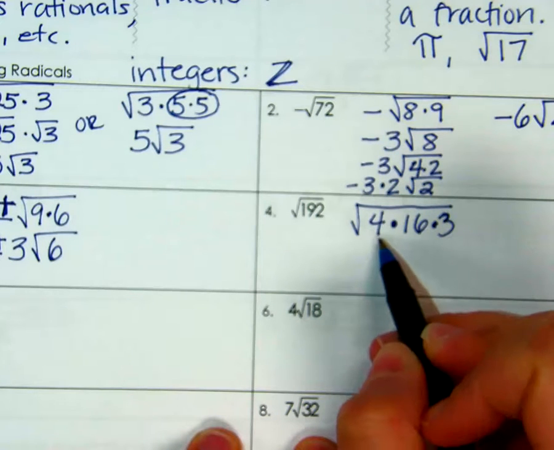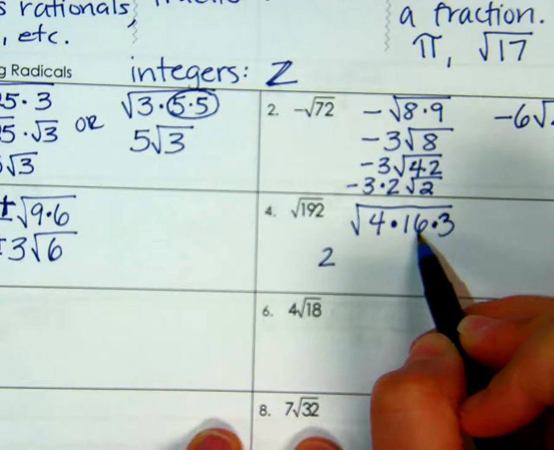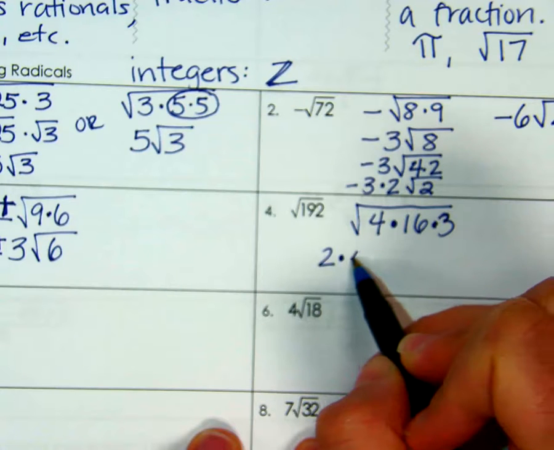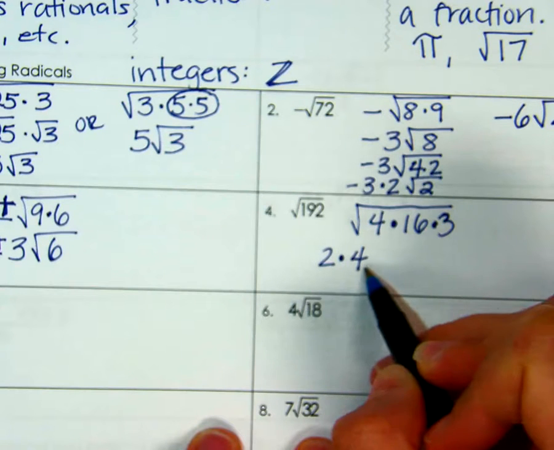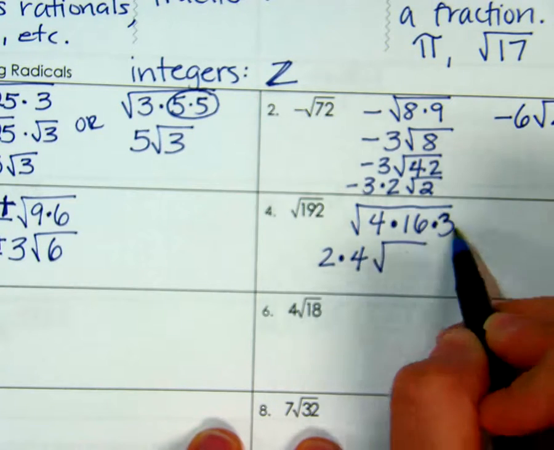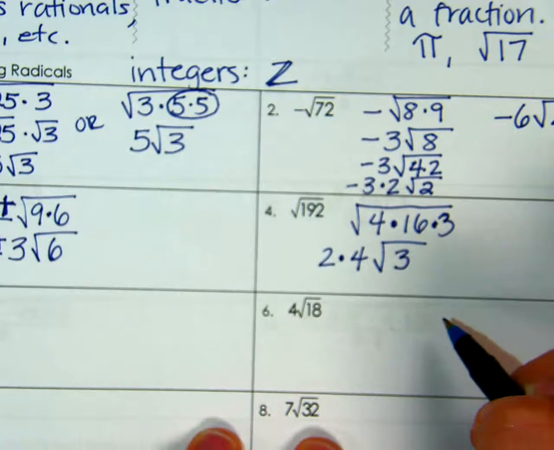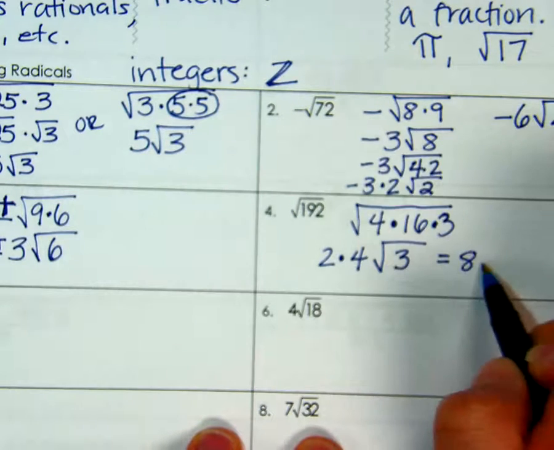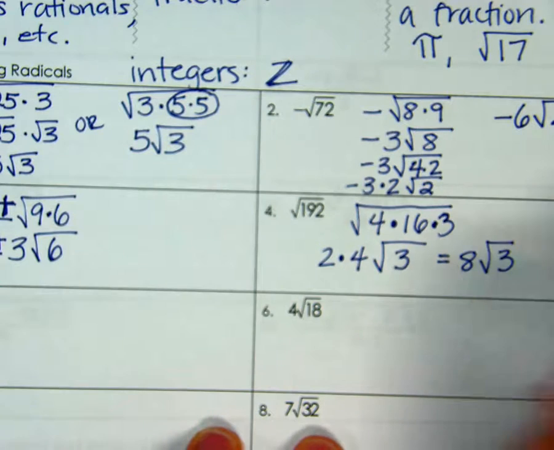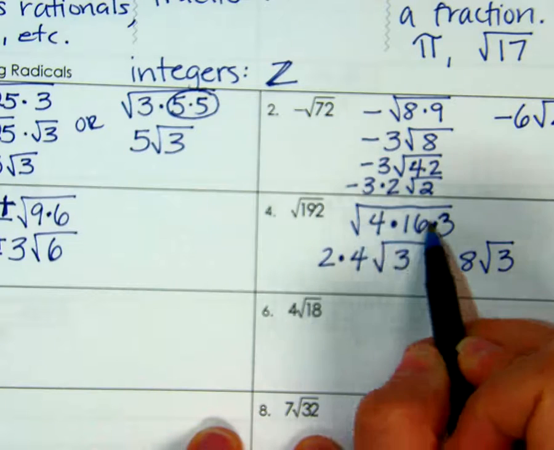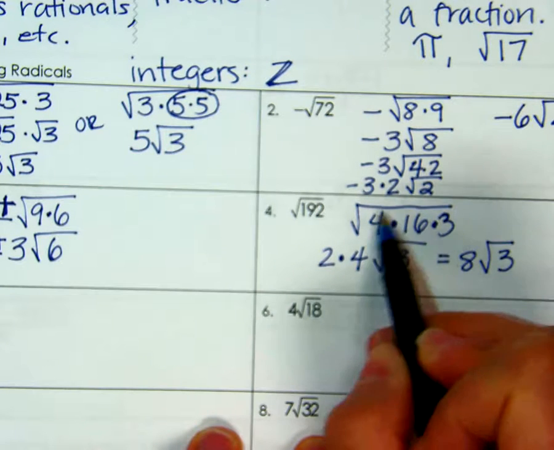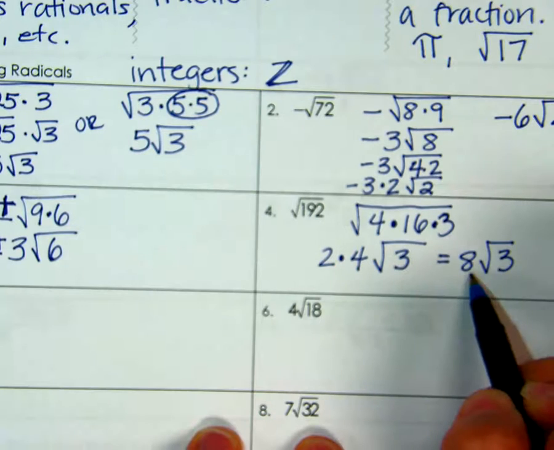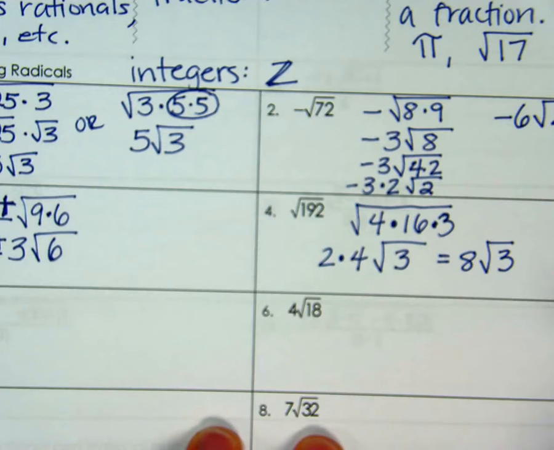The square root of 4 is 2. The square root of 16 is 4, so I'm going to pull those both out at the same time. I still have the square root of 3 underneath. Remember that you need to simplify. 2 times 4 is 8, square root of 3. If you think back through, this product is 64. The square root of 64 is 8. So that works out for us.